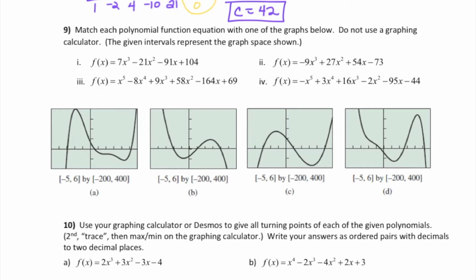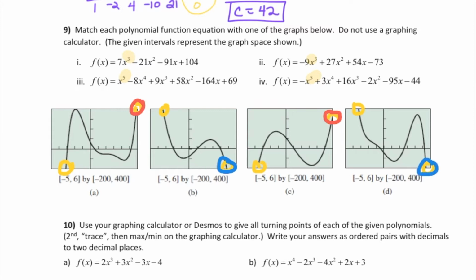So for example, I see that all of the functions have odd end behavior, and all of the equations have odd degree. So that's not going to help me. But I see that on the right side of the graphs, 2 are up and 2 are down.